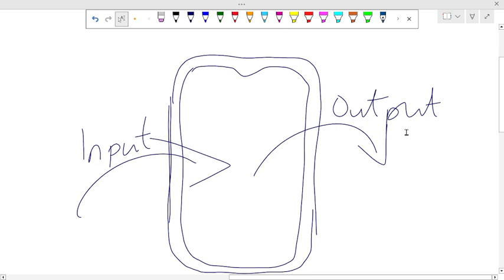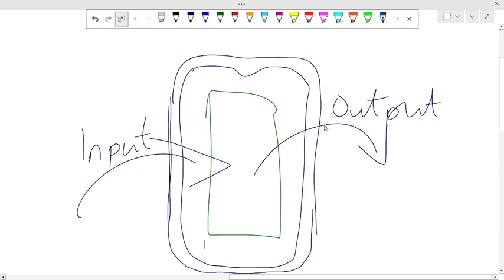So you give the phone something, you want to do something, and then the phone gives you output. But between the input and output, how is your mobile phone able to receive your inputs? That's one thing. Then processing your inputs, then giving you outputs. Note that what I just explained, input, process, output, is for electronic devices, not just your mobile phone: your computer, and sensors even, and some embedded systems also.